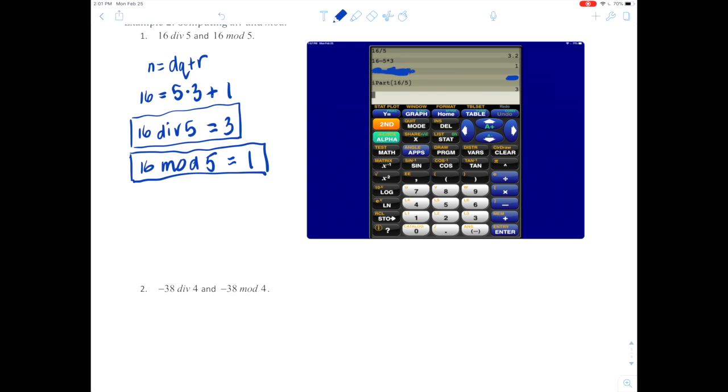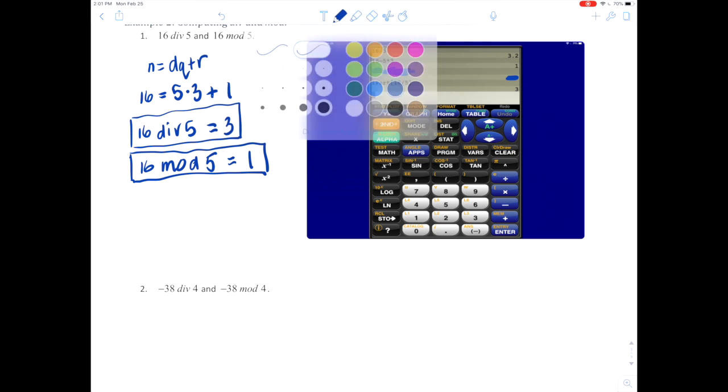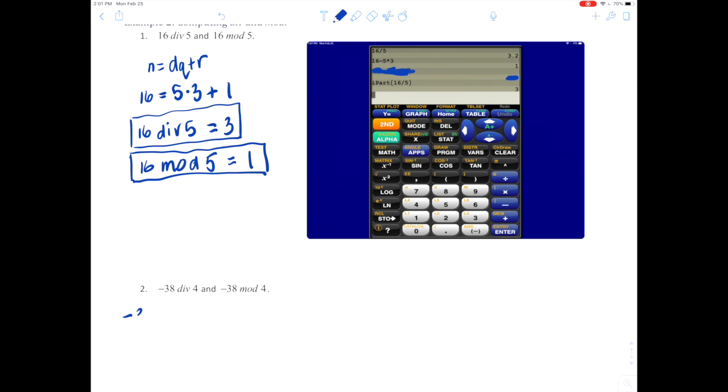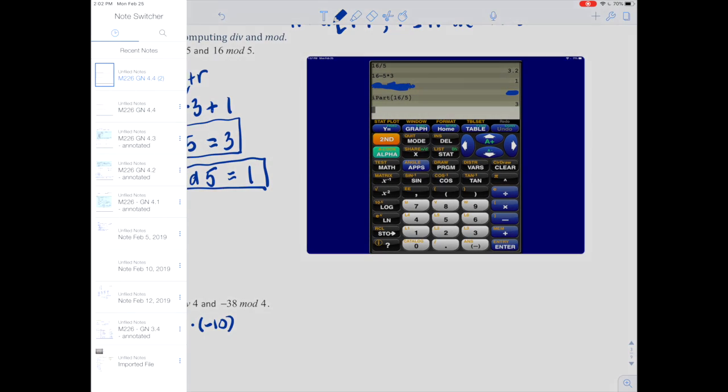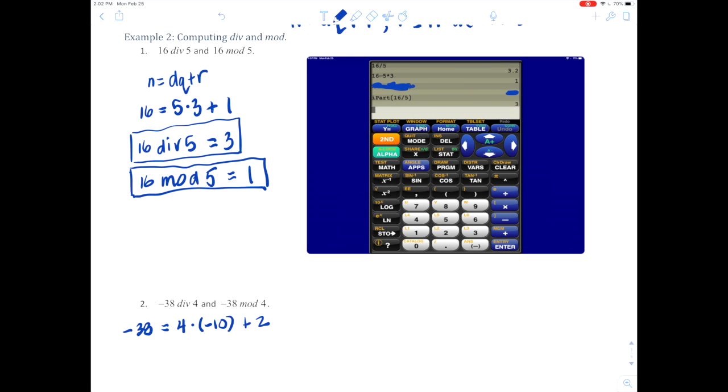If we were going to do this next problem, negative 38 div 4, what are we going to do? Remember, n equals d times q plus r. This is my n. 4 is the d. Remember, you have to go past this one because it's negative. So 4 times negative 10, and then plus 2.